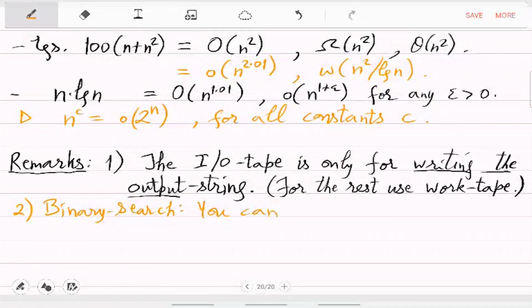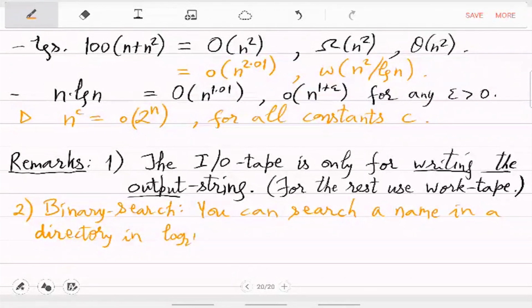So you can search a name in a directory in log n steps, in fact, quote unquote log n steps.